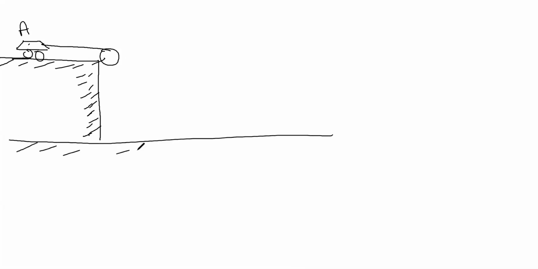Frictionless surface. Suppose there is a car A attached to a pulley, and here we have another car, car B. Don't get confused by the diagrams. Diagrams are confusing, the concept is simple.